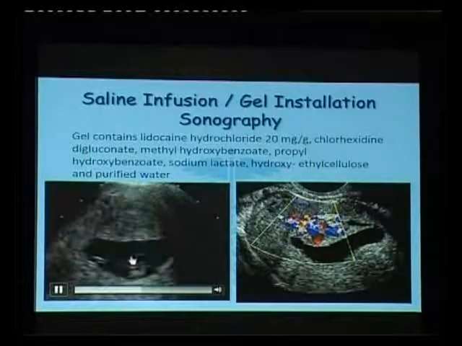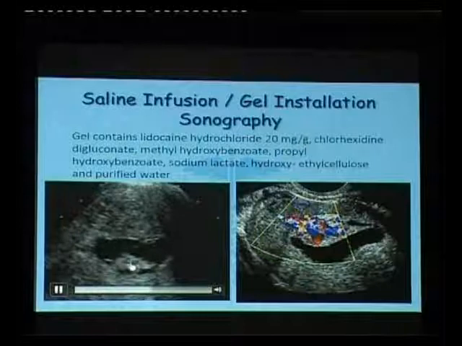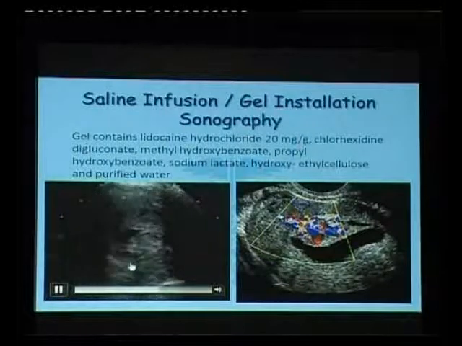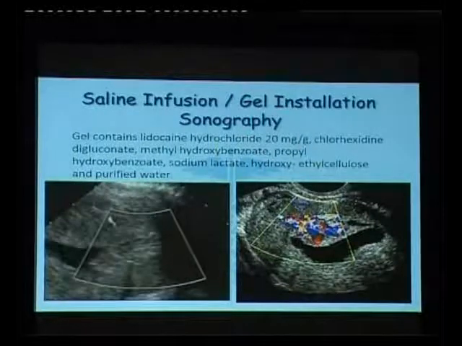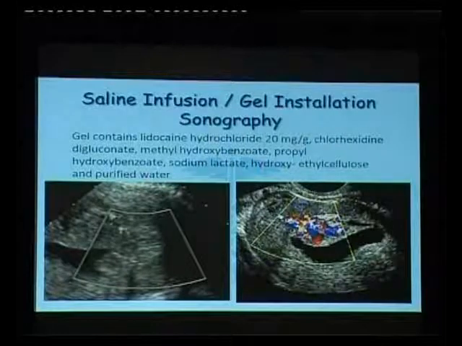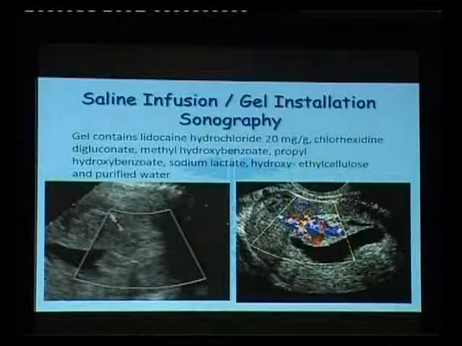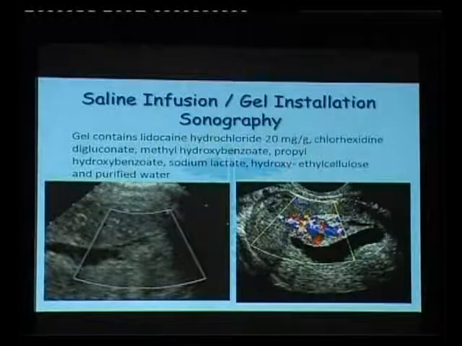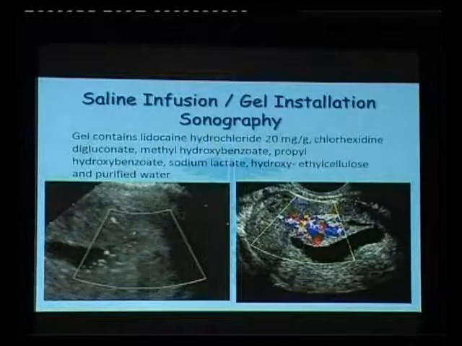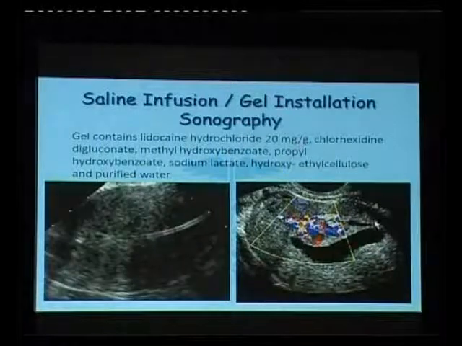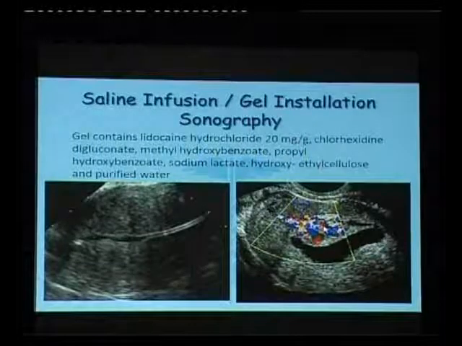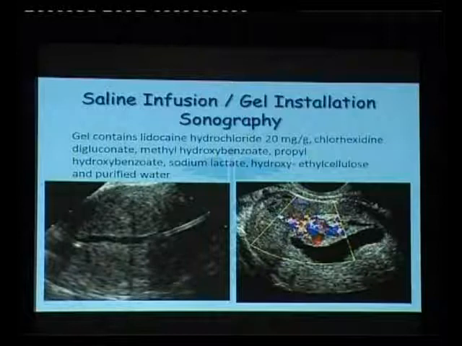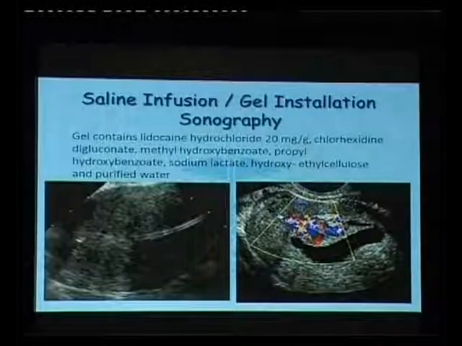This mass is heterogeneous or even mixed echoic, because there are certain hyperechoic areas and cystic areas within the mass. When you put the color Doppler on, you find that there is a feeding vessel which can be seen draining into the mass, which is a very typical feature of increased vascularity, suggestive of plausible malignancy. This is a typical case where we have focal vascularity of the lesion, seen encroaching into the uterine cavity.